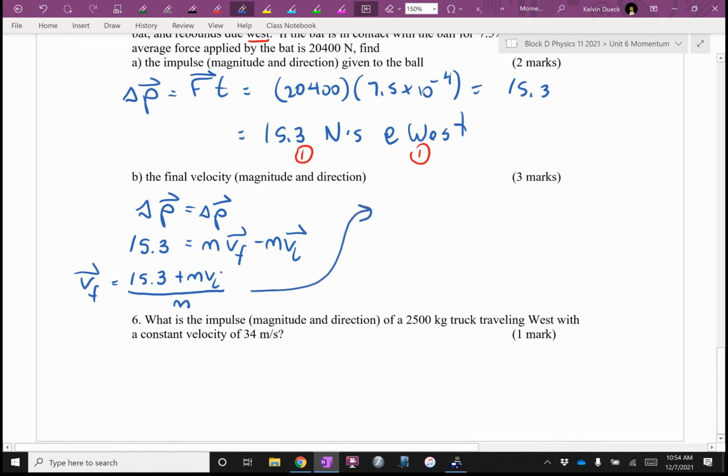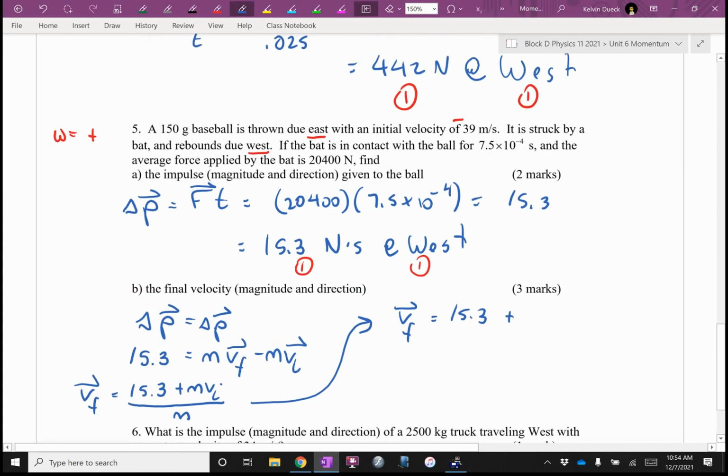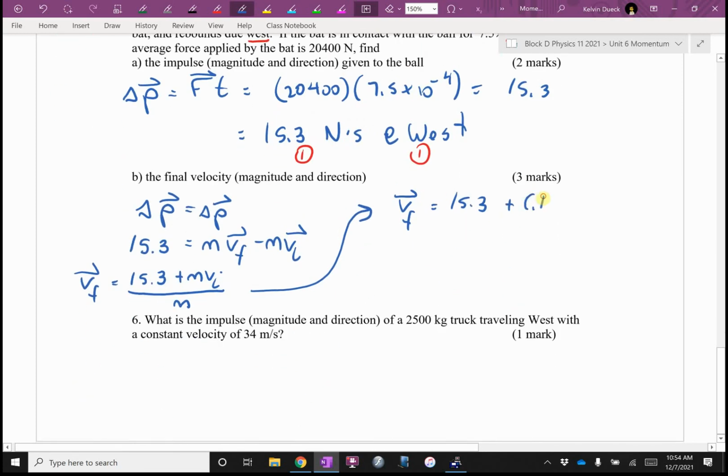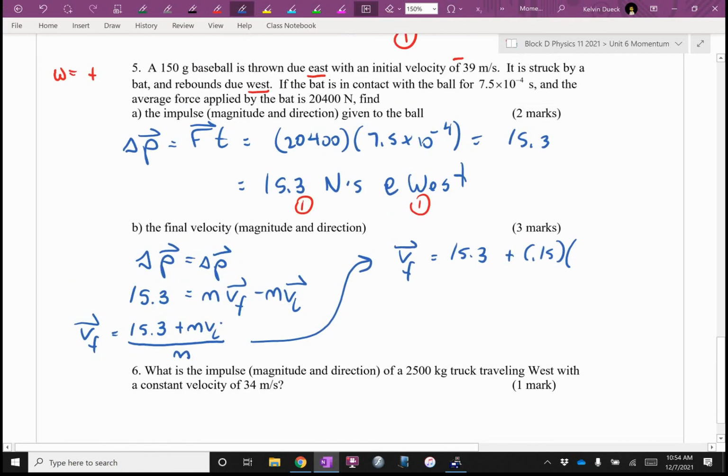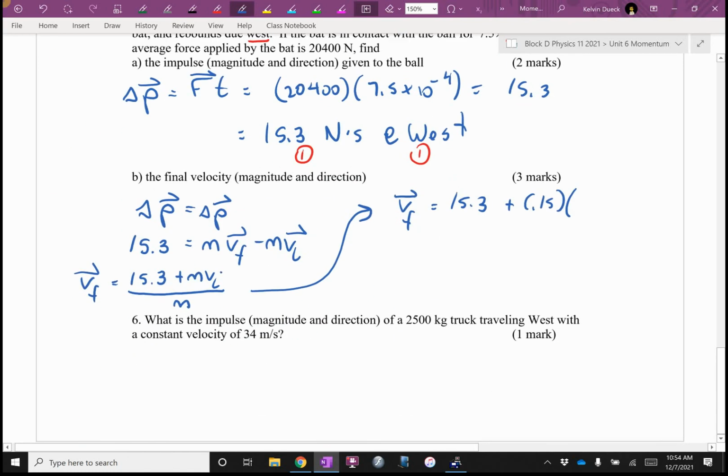Let's see. It's going to be 15.3 plus, what was the mass? 0.15. What was the velocity? Negative 39. All divided by 0.15.